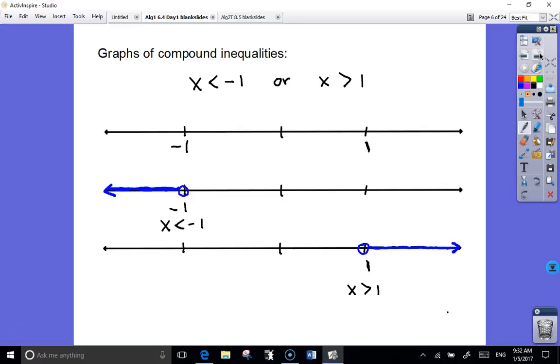So what do I end up shading on the top? As long as it's shaded on one of these here, then it goes here. So I should put open circle there, shade to the left. Open circle here, shade to the right. So for compound inequalities, if it's an "or", that just means anywhere that any one was shaded, it goes on the compound inequality.